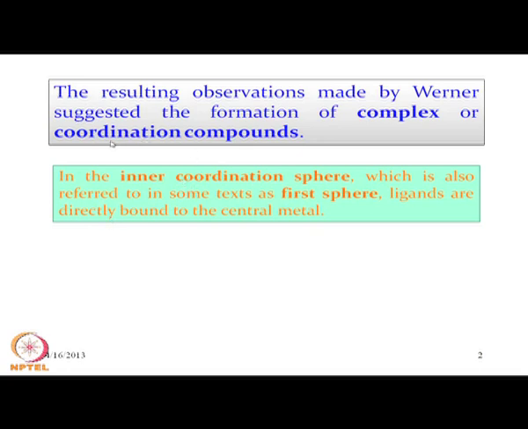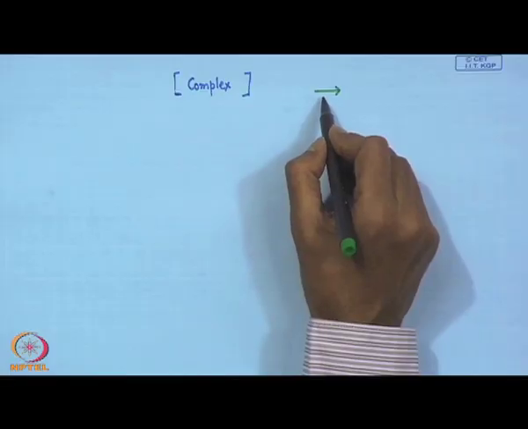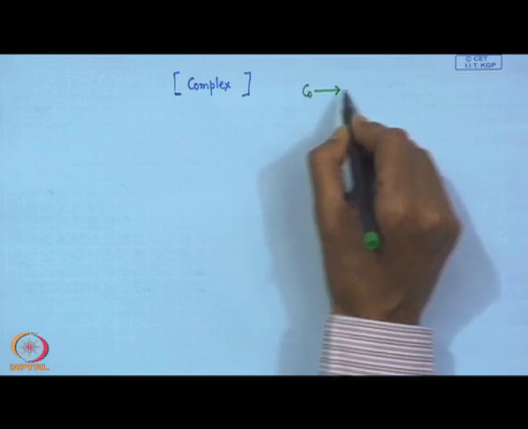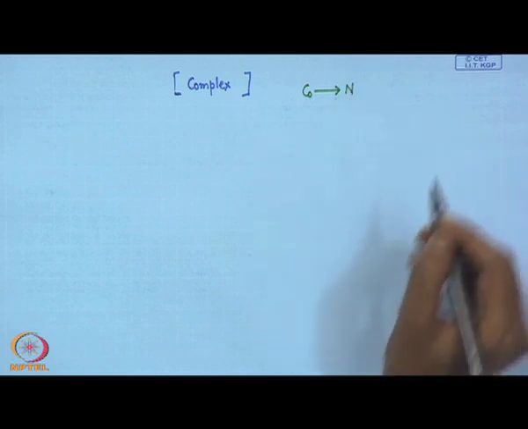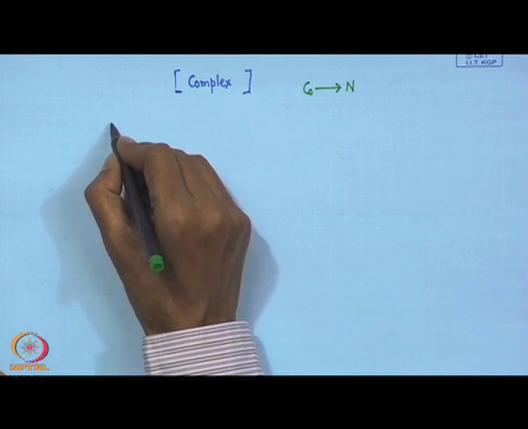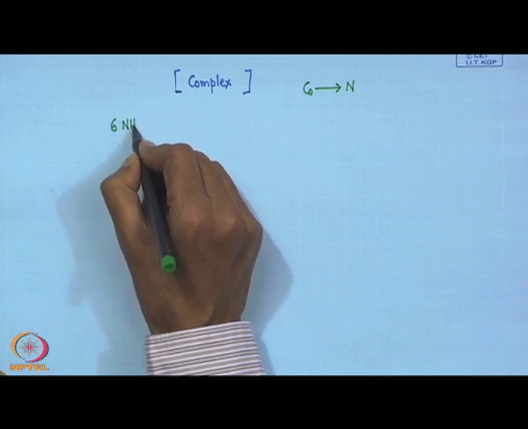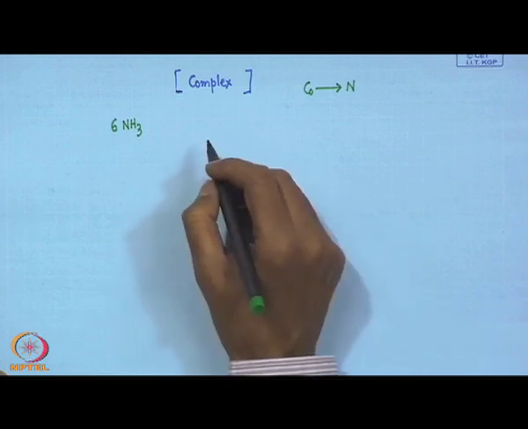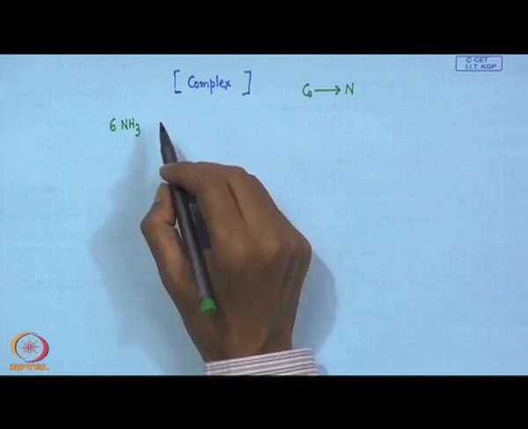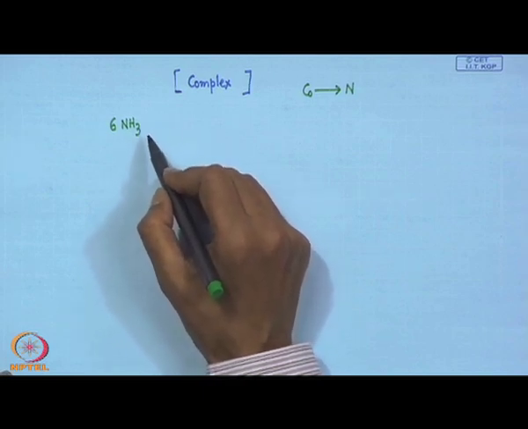And since we have the coordination compound, we must have a coordination sphere. What does it mean? We have this particular coordinate bond, and if we consider that cobalt is forming this coordinate bond with the nitrogen, and the stoichiometry of the molecule we see just now is 6 ammonia molecules, they are not loosely attached like a solvent of crystallization, rather they are tightly attached to the system.